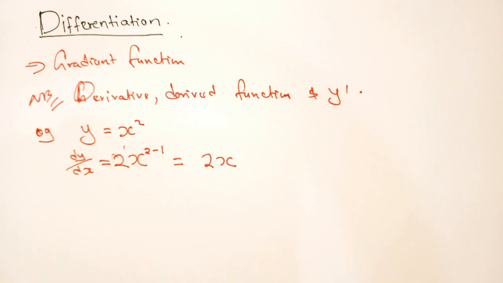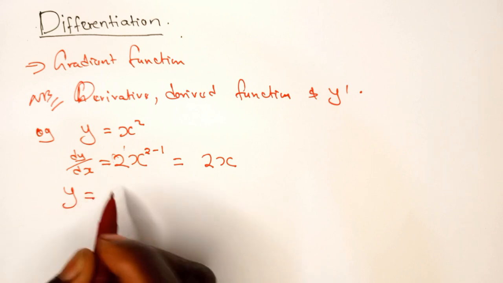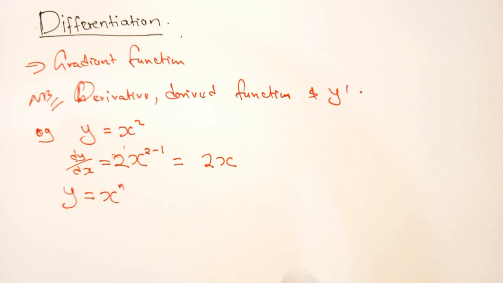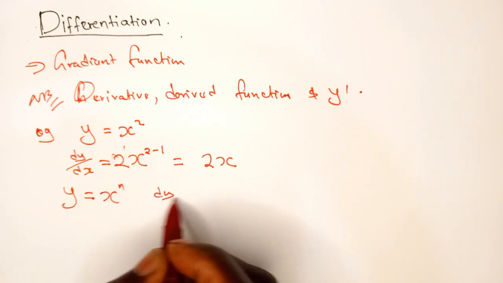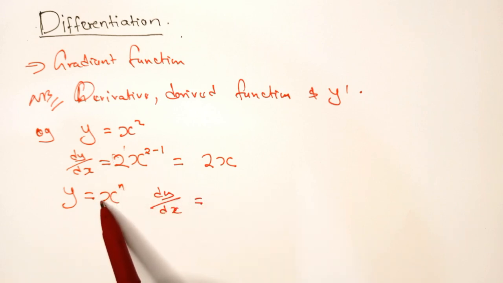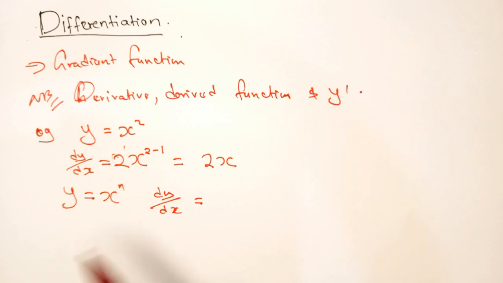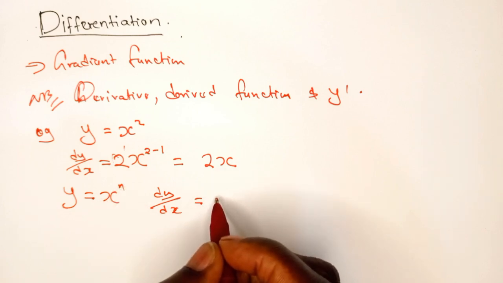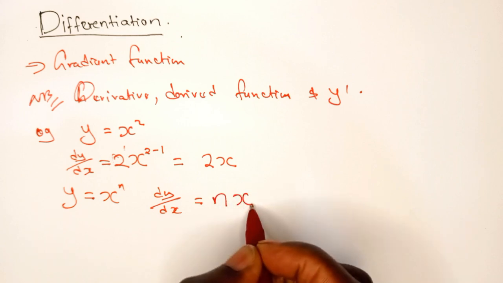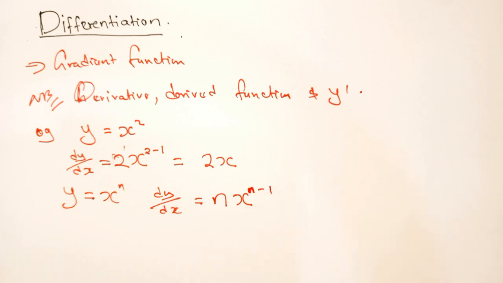So now, when the function is in this form, y is equals to x raised to n, our dy dx will be, we drop this n in front of x, or we multiply n with whatever is in front of x, which is 1. So you'll have n, then x, we minus 1 from that power, n minus 1. And that becomes your gradient function.